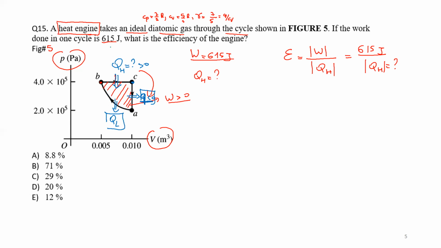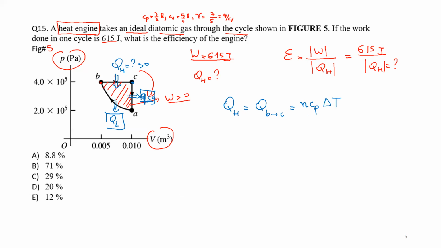What is the heat that I take from the environment in the cycle? Well, very simple. QH is happening at a constant pressure process between B and C. So QH is just Q_BC. Constant pressure process, it will be just N Cp delta T.